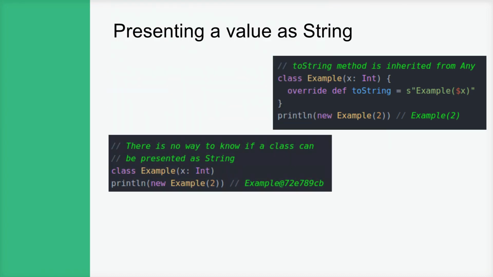For example, in another case, we can have some garbage. There is no way to detect at runtime if you can do this or not, or maybe there is not a simple or reliable way, because everything can override this. And as you saw here, we are getting some garbage.